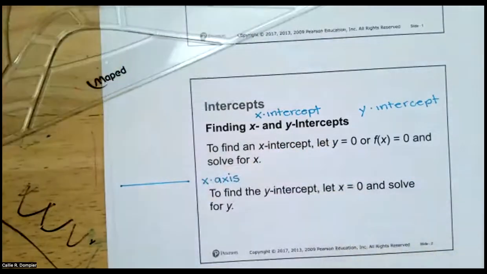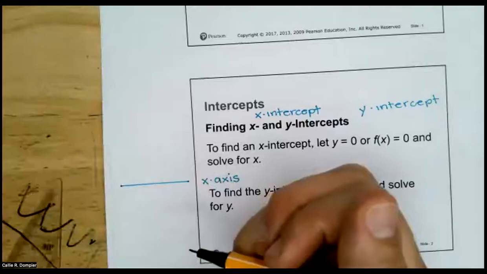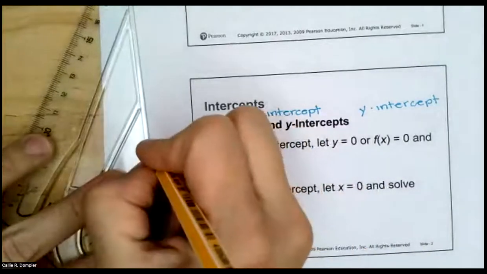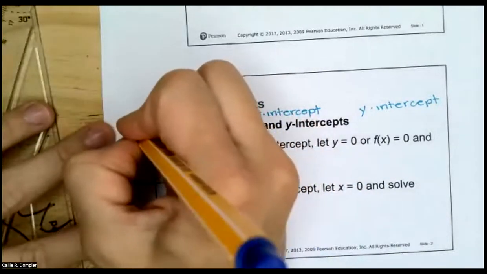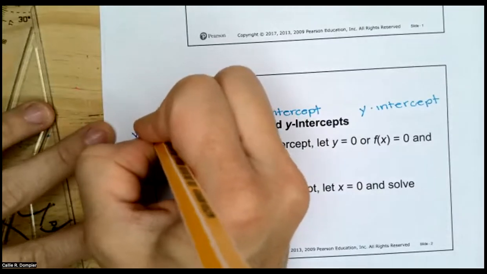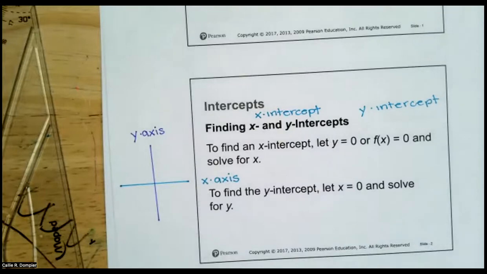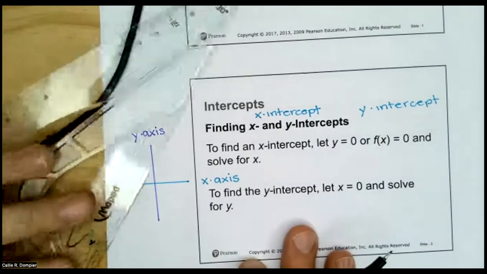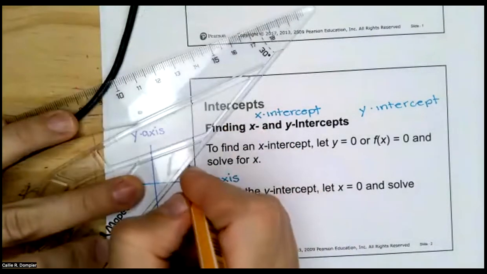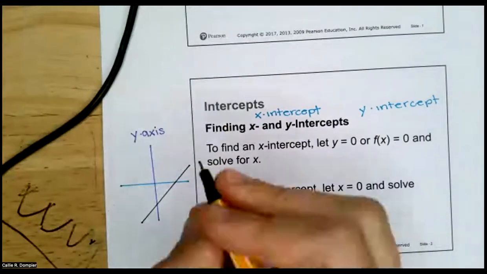So this is our x-axis. It goes forever to the left and to the right. It is a horizontal line. And then here is our y-axis. Good. If we just had a line, this line, okay?